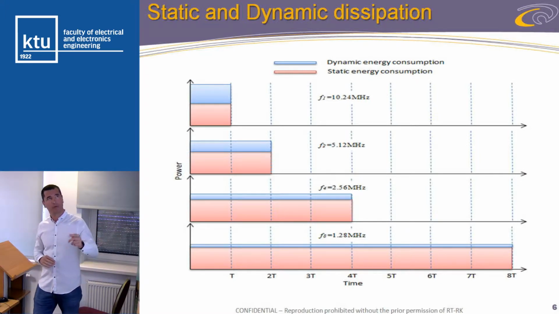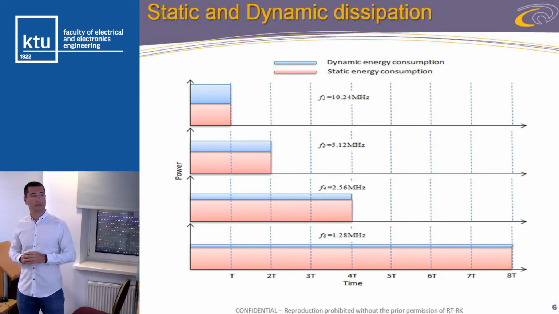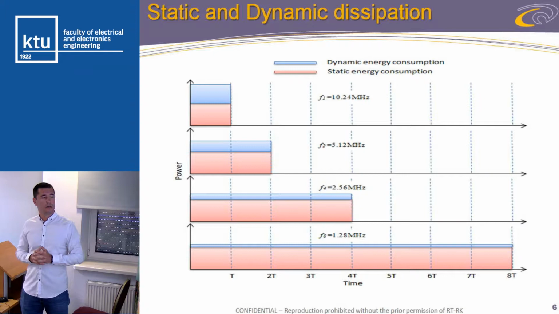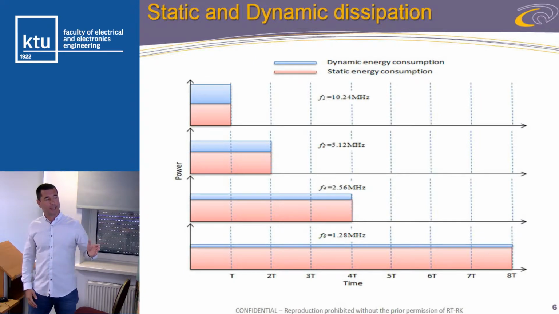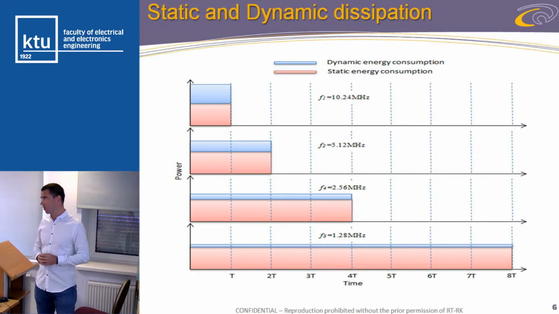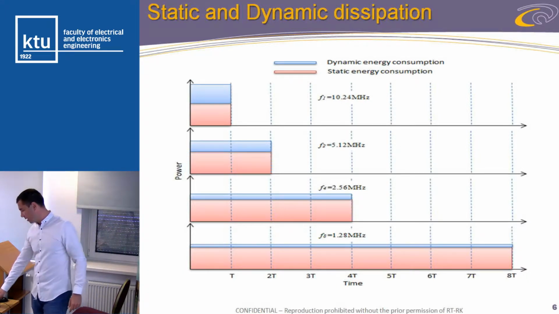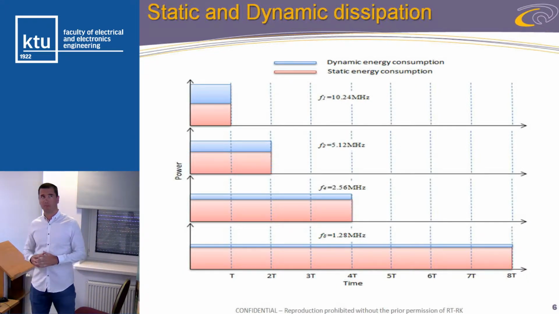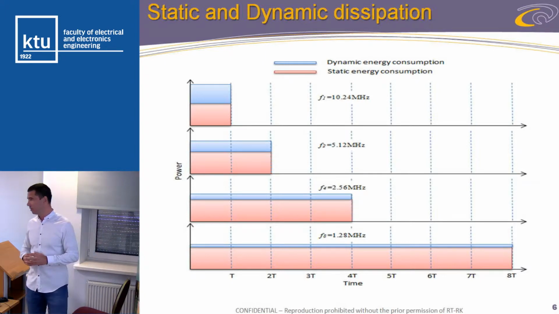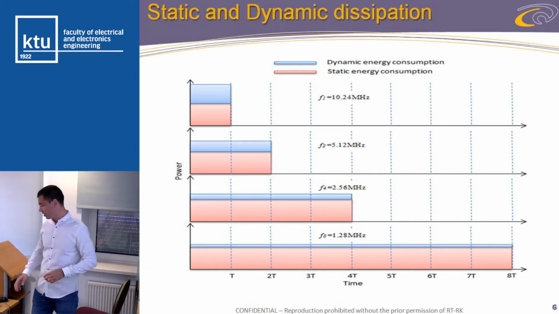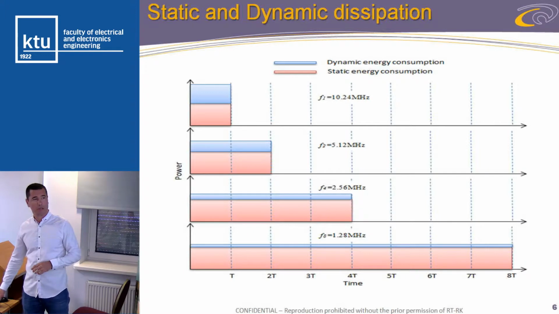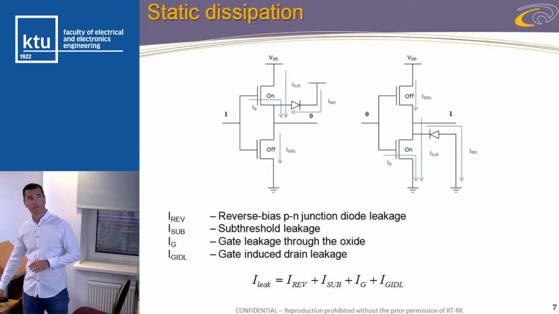On the other hand, static energy consumption is the red surface. Static power dissipation is constant over time, which is actually the height of that red rectangle. Those are the main properties of these components, which will be used further on during experiments.